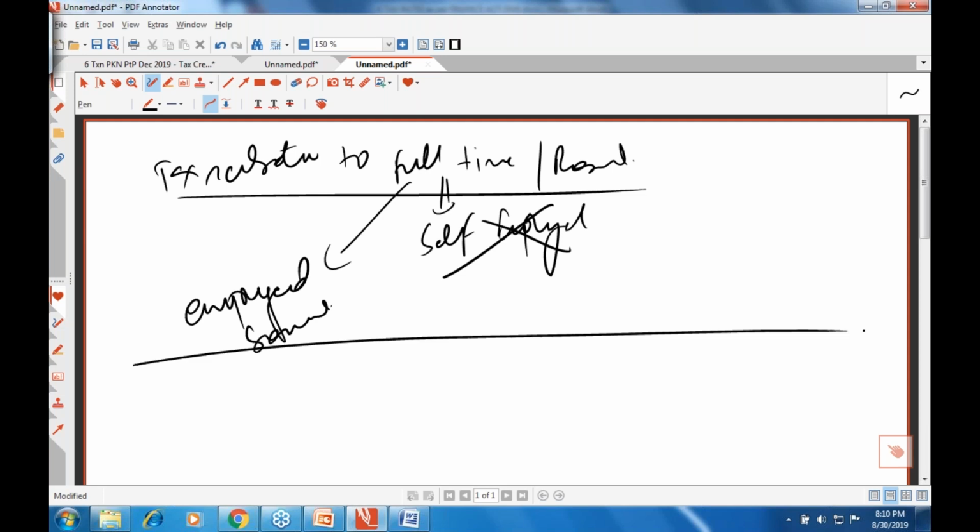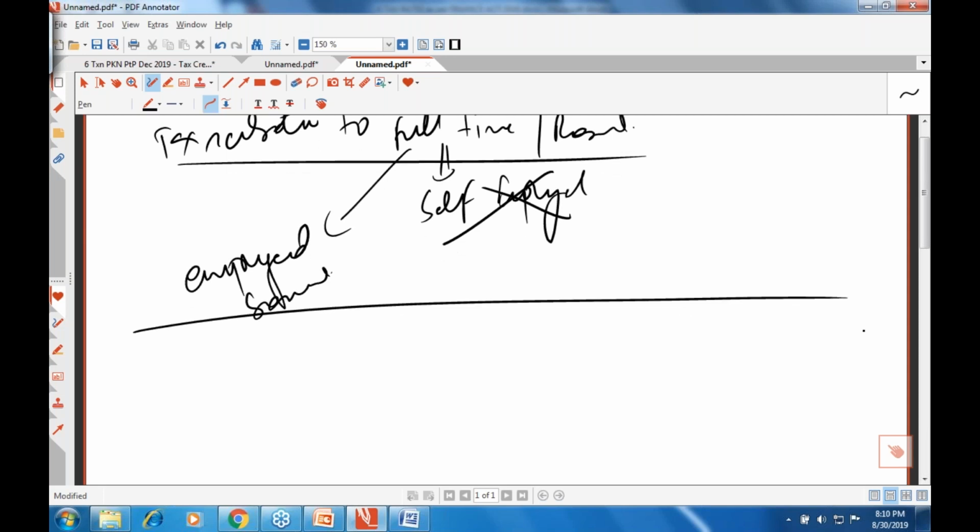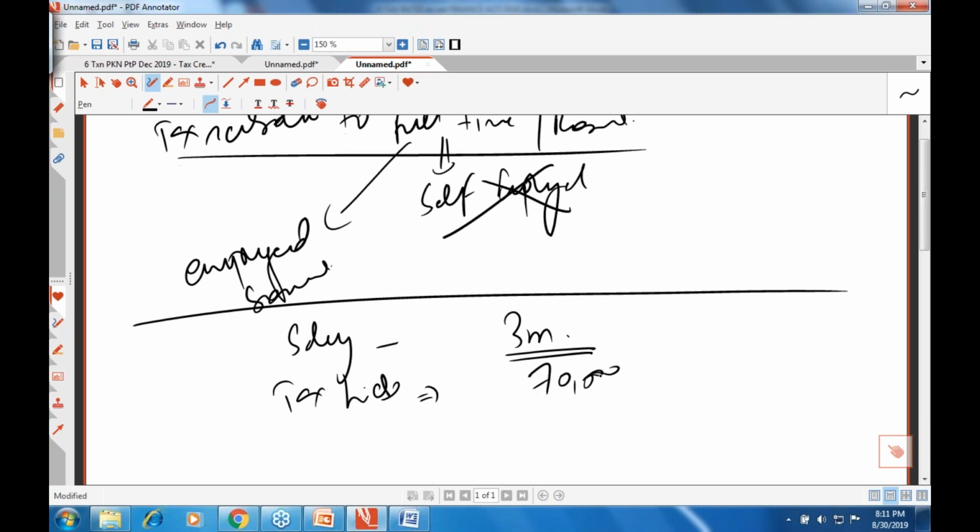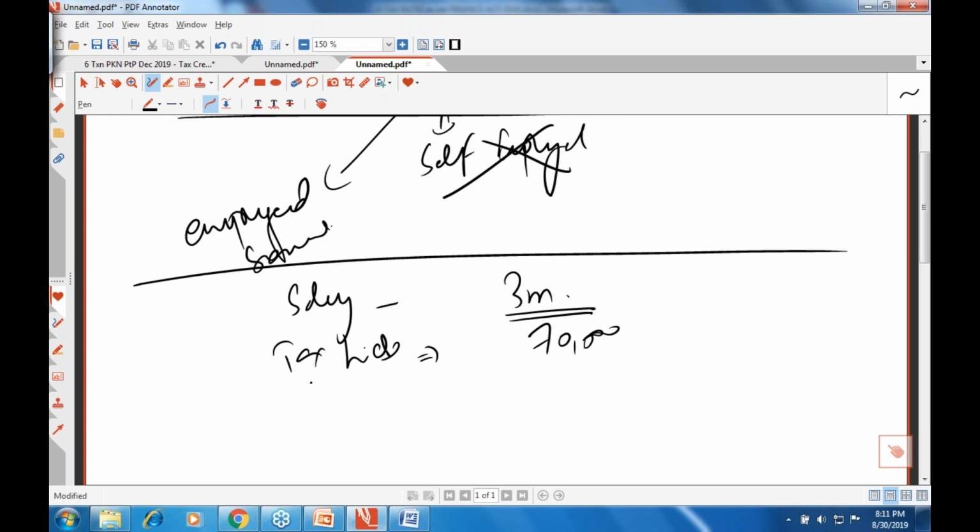So for example, let's try to understand this. Assume that you have got a salary of, let's say, 3 million. The tax liability on that specific salary turns out to be, let's say, 70,000.